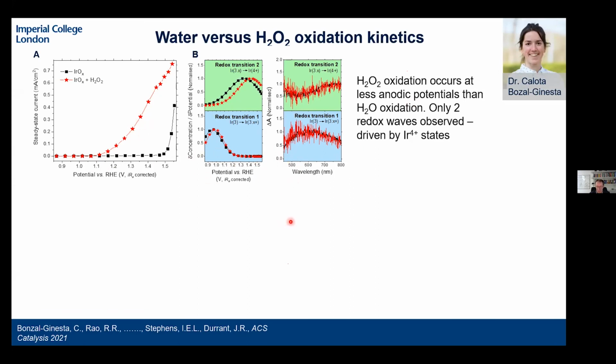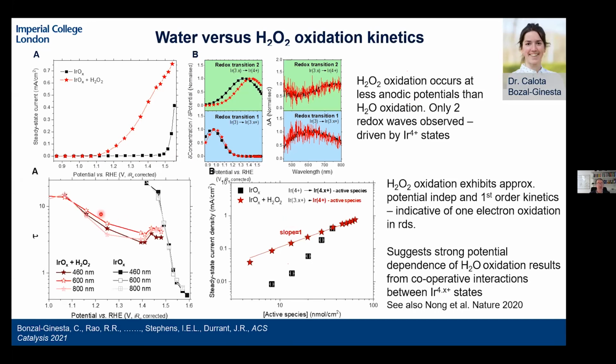But what gets more interesting is to measure the kinetics. So these are the data I showed a second ago, the idea that for water oxidation, the kinetics really only take off when you get to about 1.4, 1.45 volts, and then the kinetics rapidly accelerate. With hydrogen peroxide oxidation, the kinetics are almost independent of potential. There is a small acceleration, but it's not very much, just over a big potential range. In other words, hydrogen peroxide oxidation is first order.